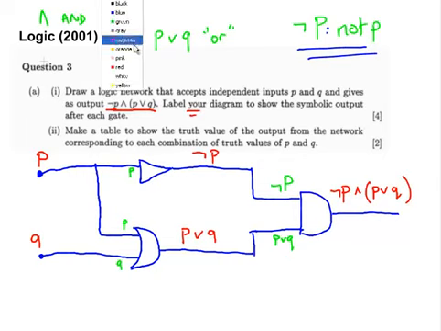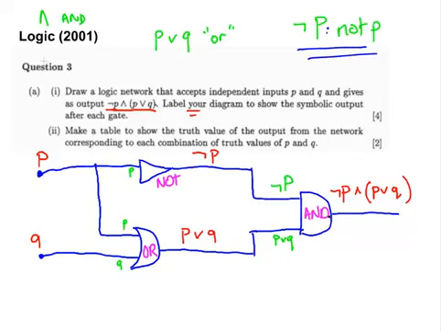What also would help is that I'm going to write in the names of the gates beside them, even on them actually, just to make it absolutely clear. Now, make a table to show the truth values of the output from the network corresponding to each combination of the truth values of P and Q.